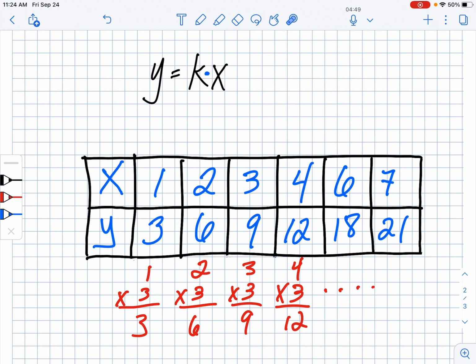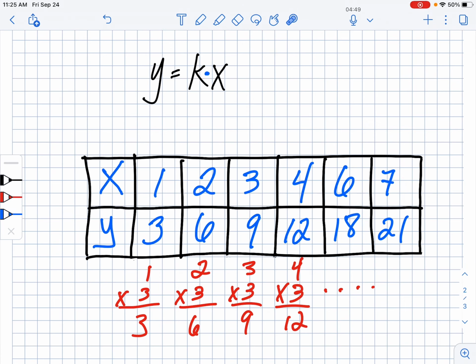So in this situation, our y values down here, we can say, okay, well, if my x is 1, what do I need to multiply that by to get 3? And we notice that 1 times 3 would give me 3. If x is 2, I need to multiply that by 3 to get 6. 3 times 3 is 9. 4 times 3 is 12, and so on all the way down.